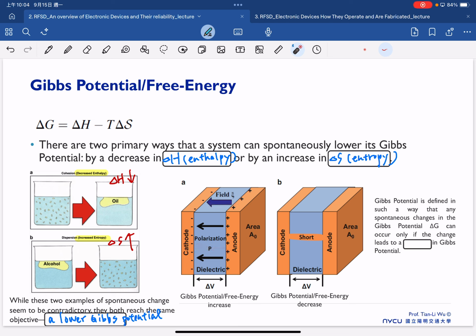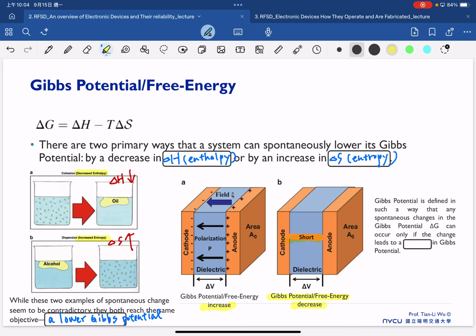In this case, the Gibbs potential is increased because we apply the additional bias, so the energy inside is increased. But in the end, this system will want to achieve the lowest Gibbs potential possible, which means a short happens between the anode and cathode, and therefore this Gibbs potential will decrease.